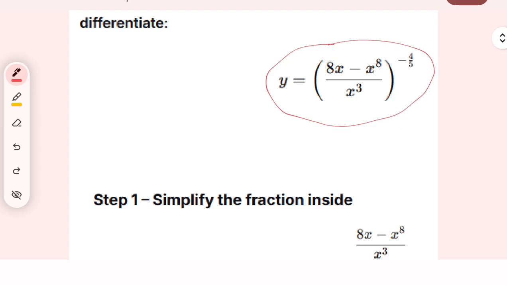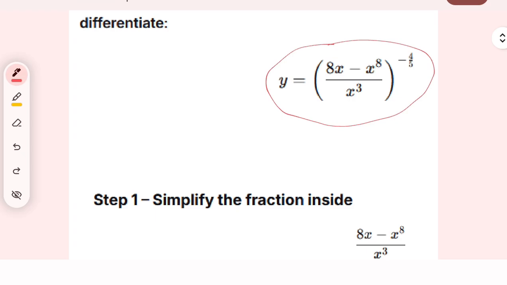Instead of having a square root in the function, we simplified the function to have a power. So we converted the square root into a power and transformed the function into a power instead of a square root, because it is easier to compute the derivative when there is a power compared to having a square root.